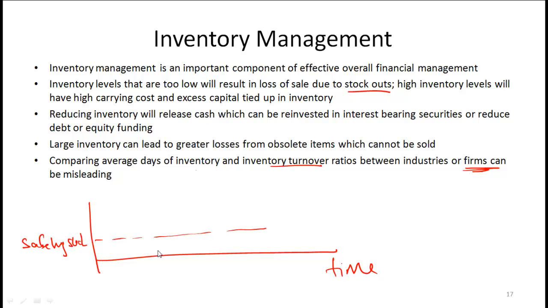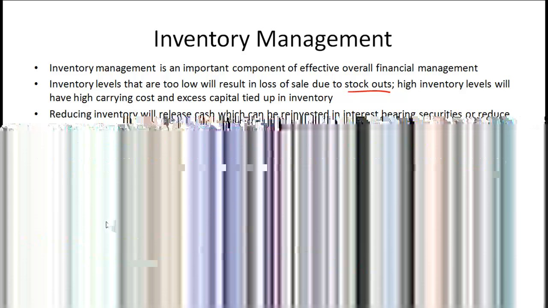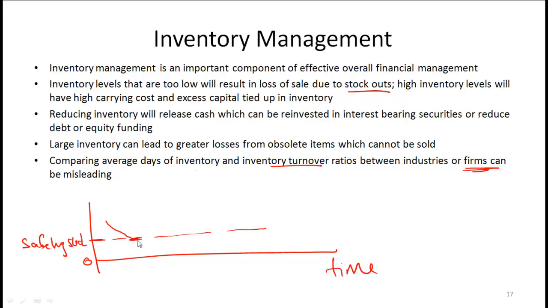In order not to ever have a stockout position, companies, if this is 0, will have a certain safety stock where they say that we always want at least this much stock. As inventory is used up, it is coming down. When we hit the safety stock, then companies reorder inventory, and the amount that is reordered, the distance from here to here, is often referred to as the economic order quantity.